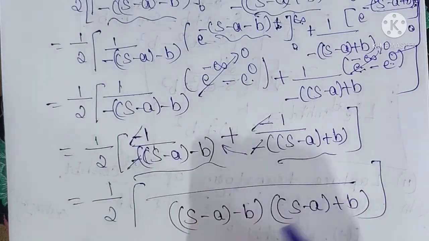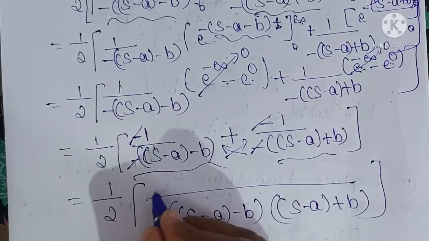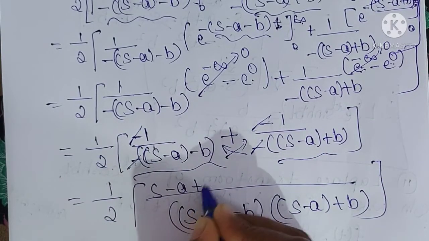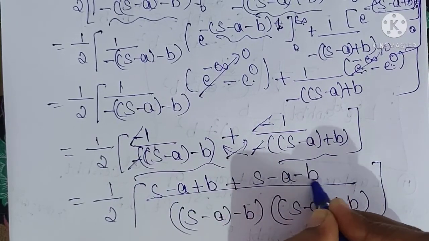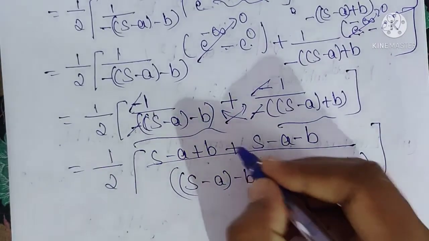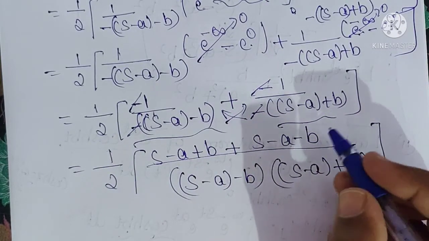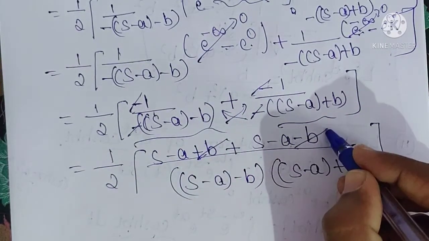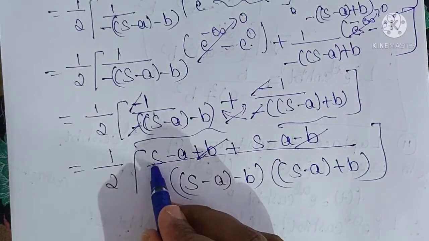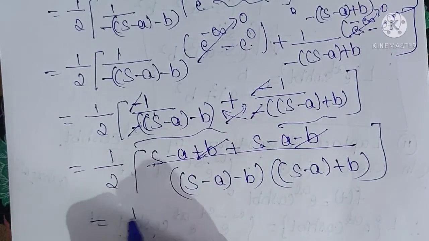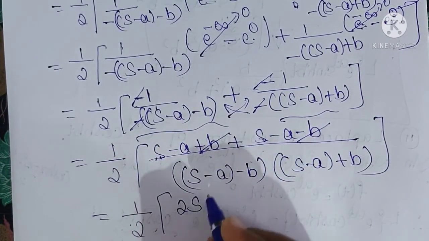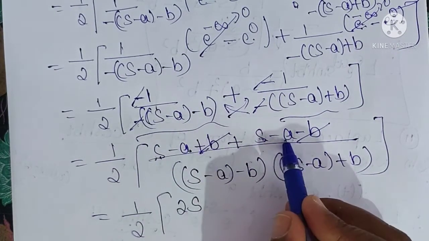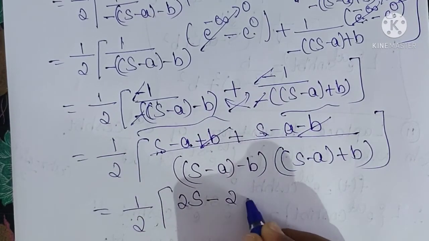Cross multiplication: (s-a+b) + (s-a-b). Here +b and -b cancel, remaining s plus s is 2s, minus a minus a is 2a.